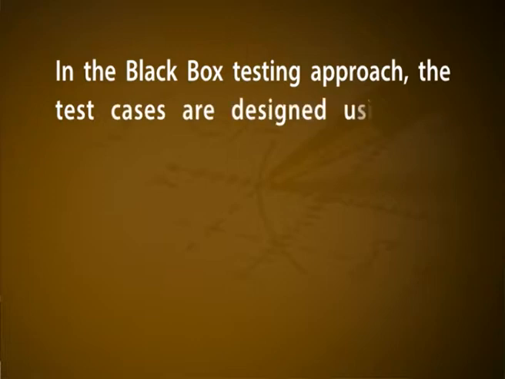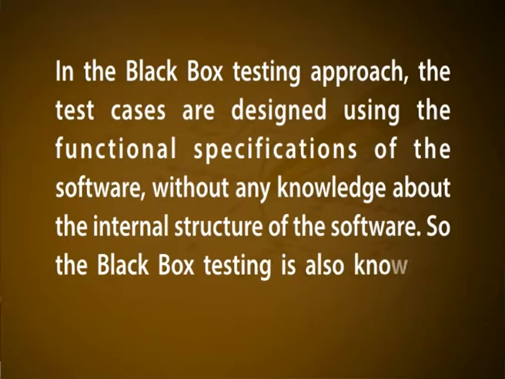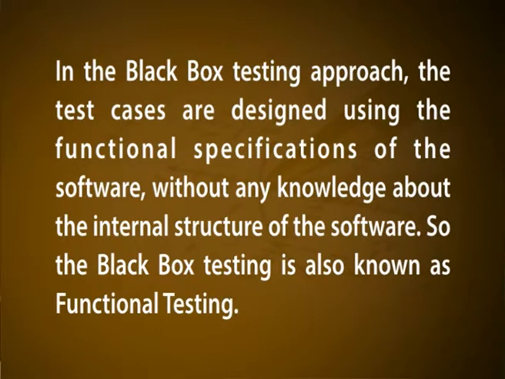There are two main approaches to systematic design of test cases. They are black box testing and white box testing. In the black box testing approach, the test cases are designed using the functional specifications of the software without any knowledge about the internal structure of the software.